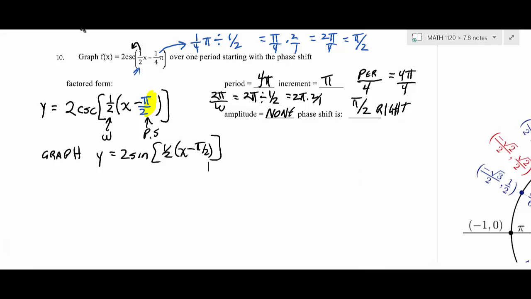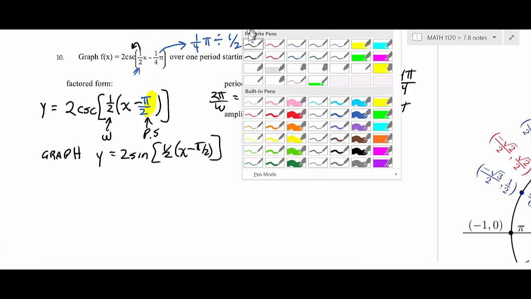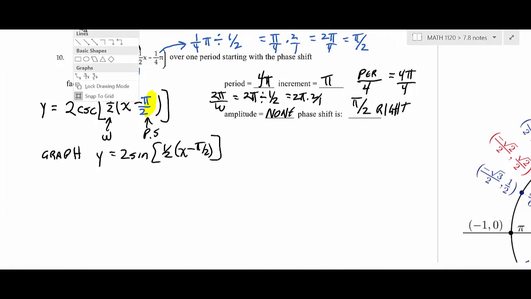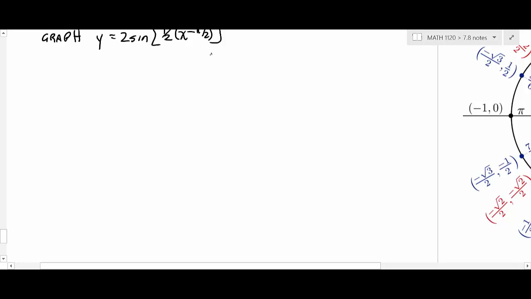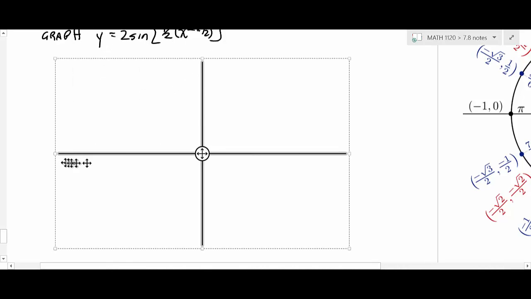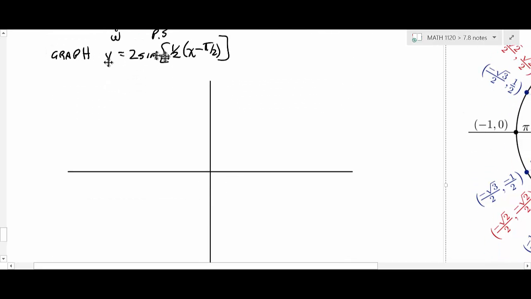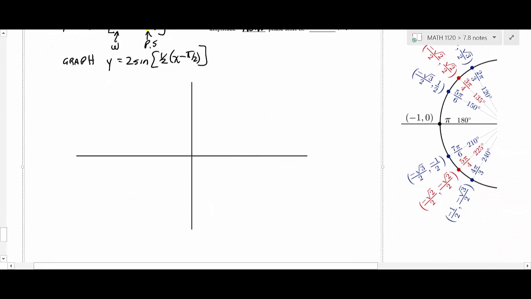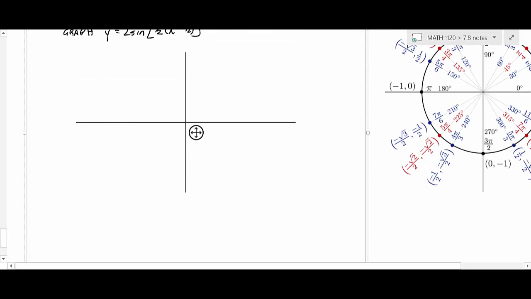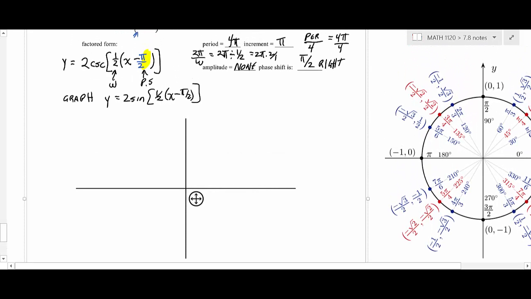So let's go ahead and get a graph put together, and we'll graph this over at least one cycle. We have a phase shift, so I usually just have you do maybe one cycle. So we have everything put together. The increment of the x-axis was pi.